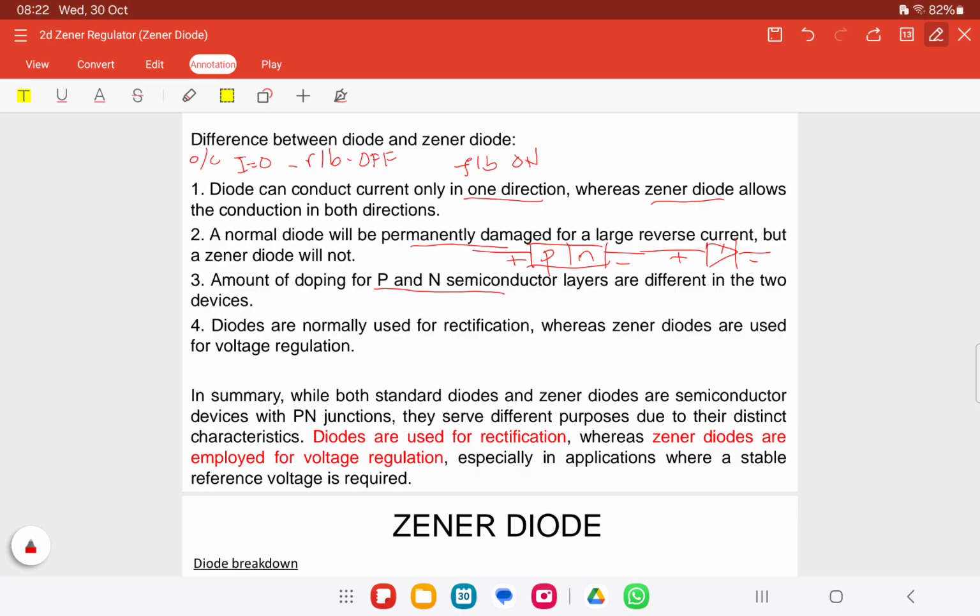There must be a ratio. Let's say 50-50 or 70-30, 80-20. For the Zener diode, the values must be set so that it can operate in Zener mode. It means the majority carrier and minority carrier are not the same as a normal diode.